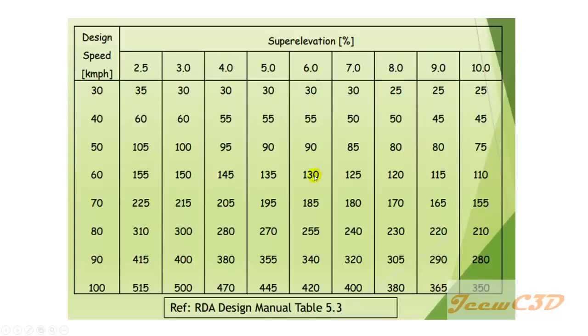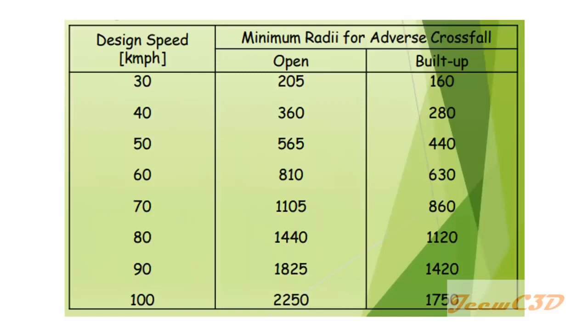If your radius is 135 or greater and less than 145, your super elevation would be 5%. Likewise, you can go up to here. If the radius is more than 155, your super elevation would be 2.5%.